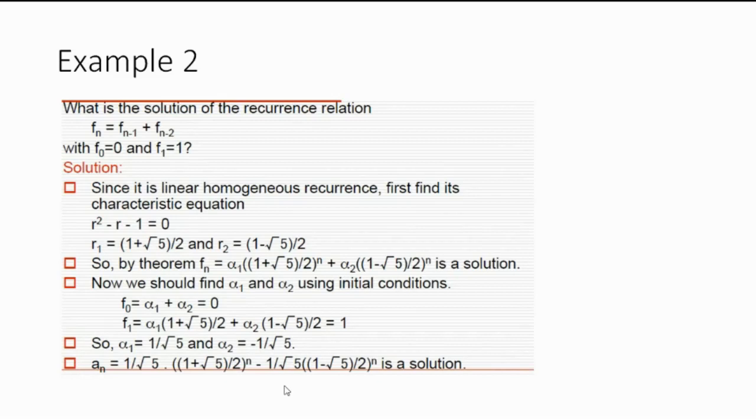So two root values you will get, r1 and r2. So the final solution will be 1 by square root 5 into (1 plus square root 5 by 2) whole power n minus 1 by square root 5 into (1 minus square root 5 by 2) whole power n.